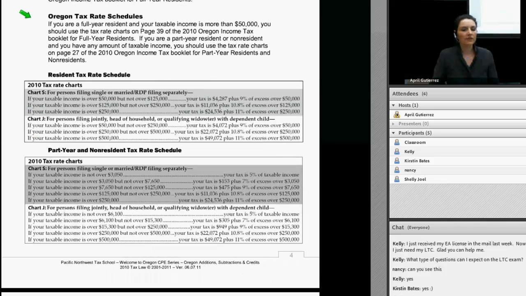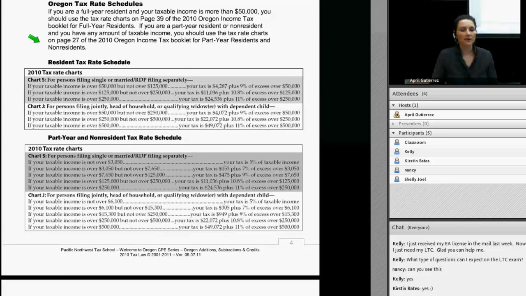If you are a full-year resident and your taxable income is more than $50,000, you should use the tax rate charts on page 39 of the 2010 Oregon Income Tax Booklet for full-year residents. If you are a part-year resident or a non-resident and you have any amount of taxable income, you should use the tax rate charts on page 27 of the 2010 Oregon Income Tax Booklet for part-year residents and non-residents.